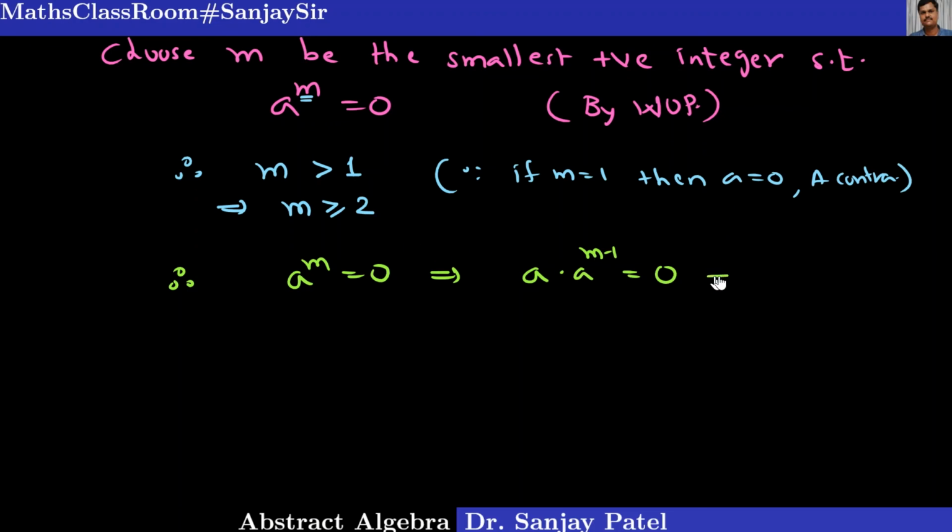Or I can write this also as a raised to m minus 1 into a. That suggests that this a into something is equal to 0, and this a raised to m minus 1 cannot be 0.